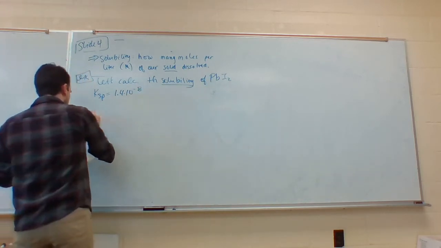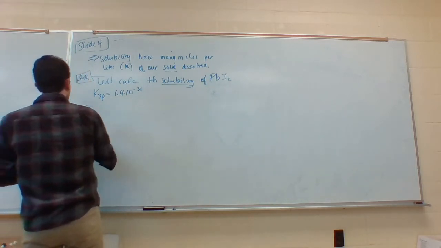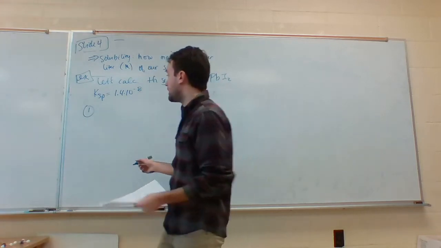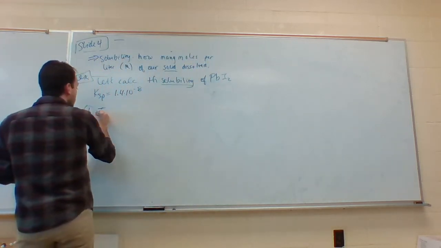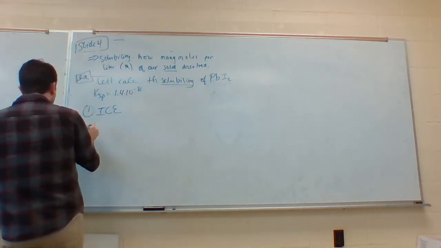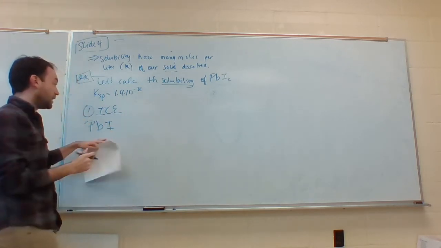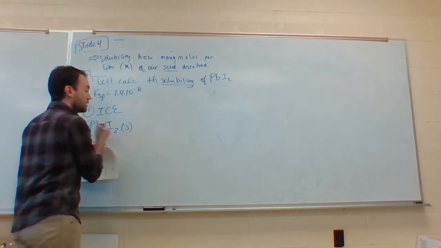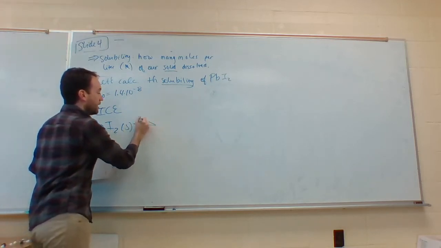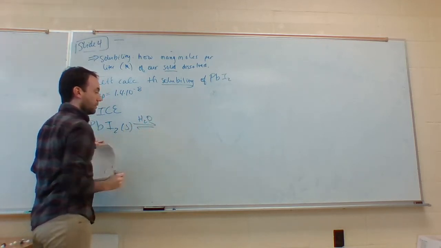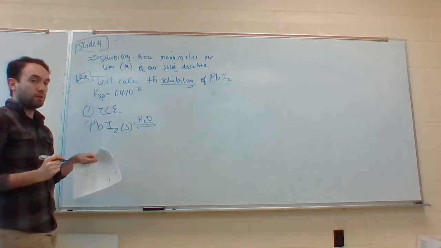So our solution, we're going to be setting up an ice table. We know it's equilibrium. For a reaction, we want to know how much of lead 2 iodide solid dissolved. So we're going to add that into water, make our equilibrium. And what do we think it's going to be?